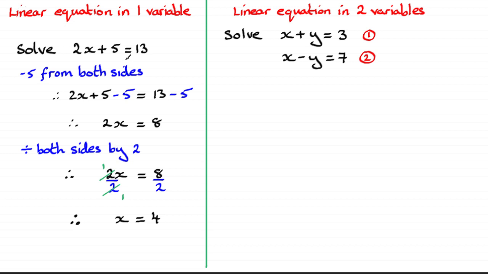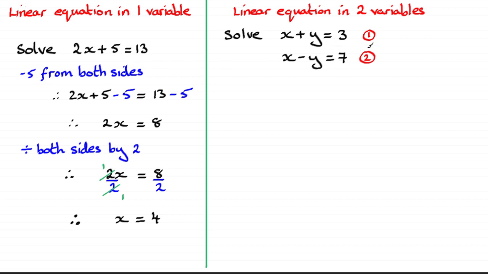And with that, we should be able to solve it. Okay, I can see an answer coming in from Din: x is 5, y is minus 2. I'll leave you with a bit more time on that if you're doing it.